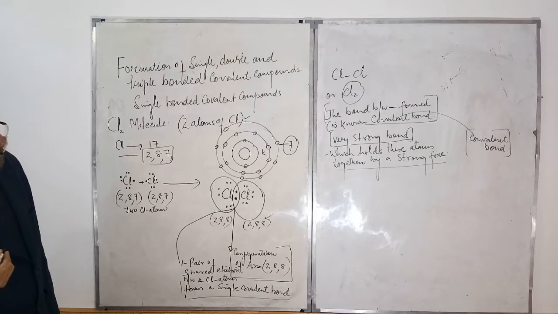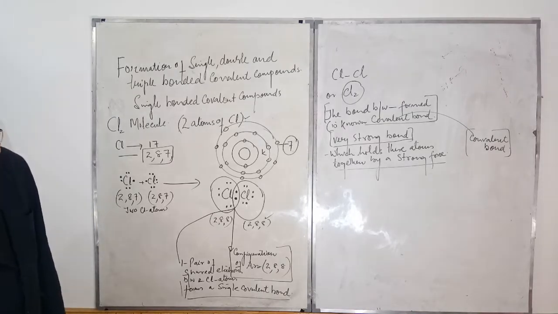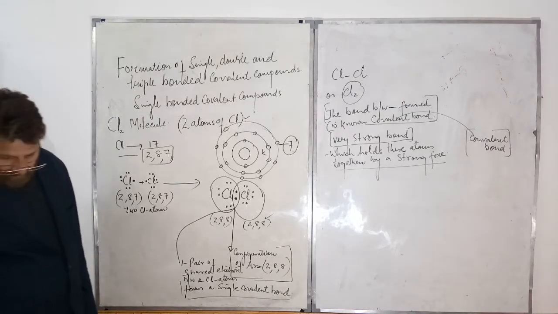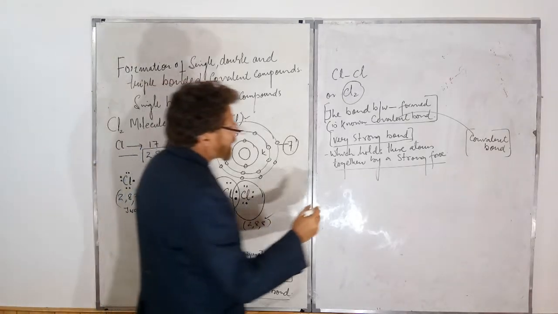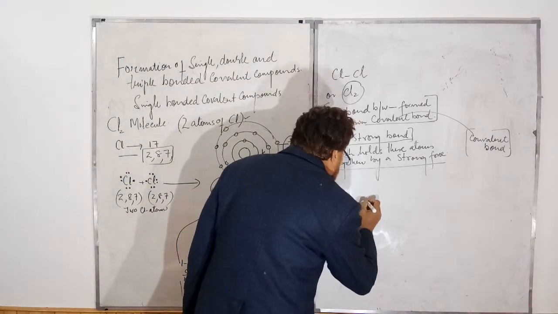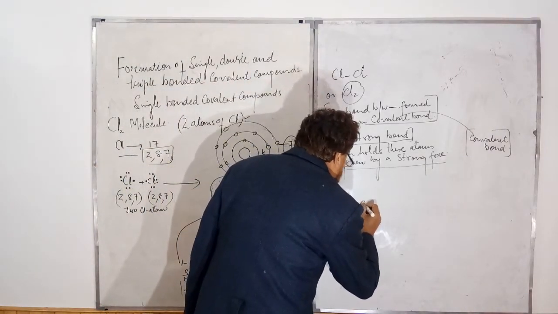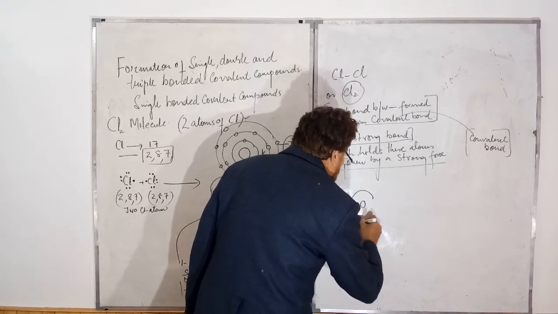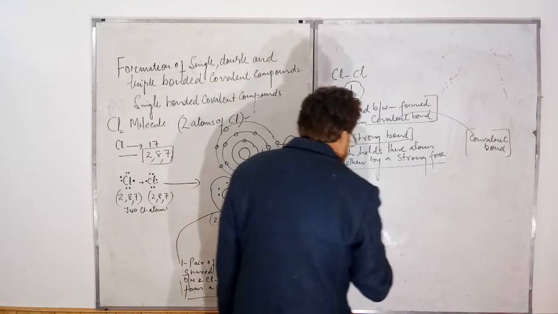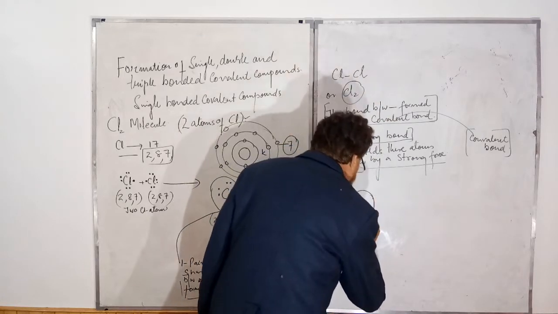Now let us go diagrammatically. Here we can see a nucleus. This is the outermost shell of the chlorine atom.